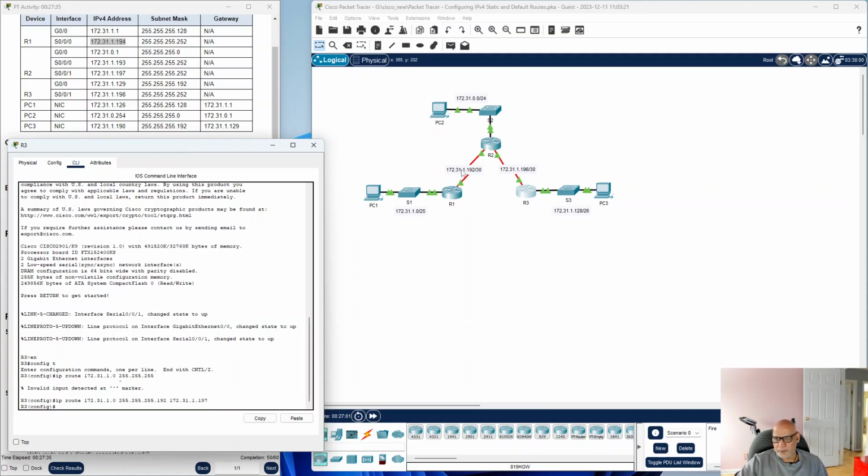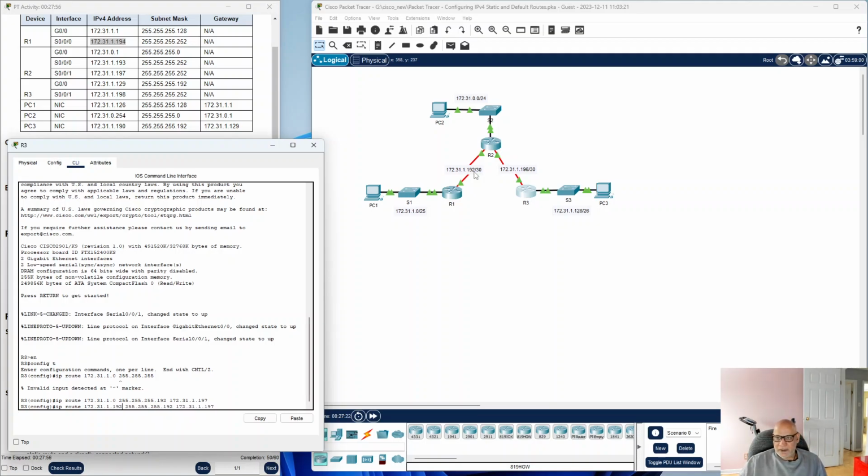Now the second network is this 172.31.1.92. So what we have to do is, first we have to change 172.31.1.92.